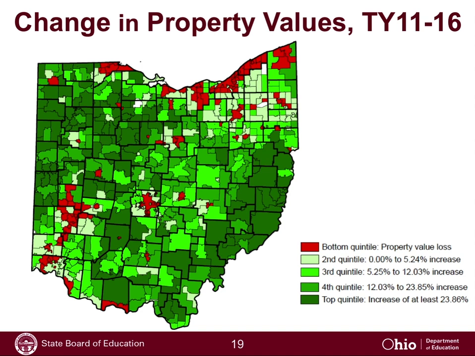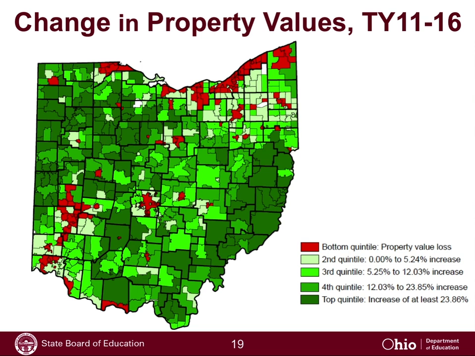And again, since valuation and valuation per pupil is such a driver in the computation of the state share index and the formula, this has a large impact in determining the state share of each district and the likelihood of seeing increased or decreased revenues.